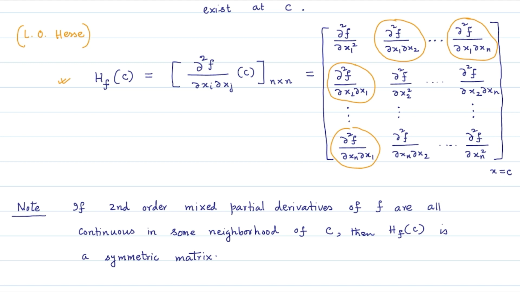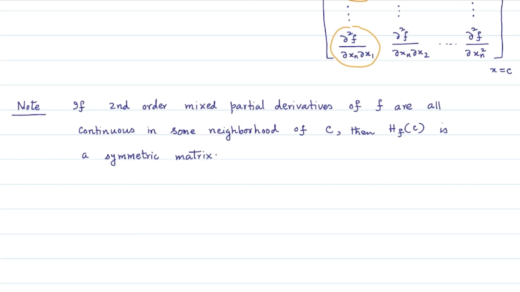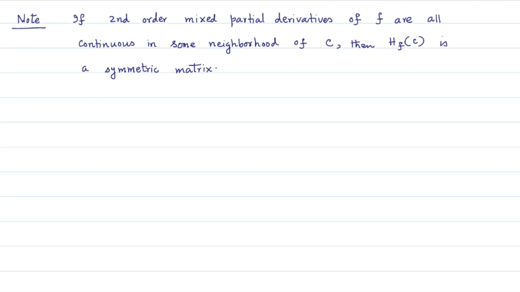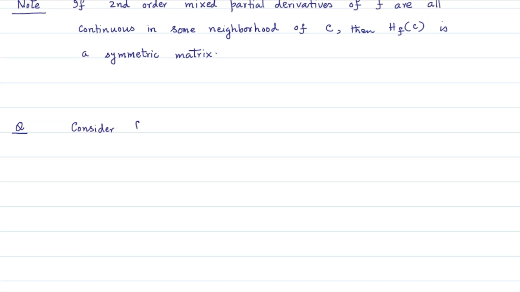Now again we turn our attention to the first order partial derivatives of f, and let me ask you a question. Suppose we are given a function of several variables, say the function f of n variables, and suppose that the function f has first order partial derivatives with respect to all the variables x1, x2, x3 till xn at a point C in the domain of definition of the function f.